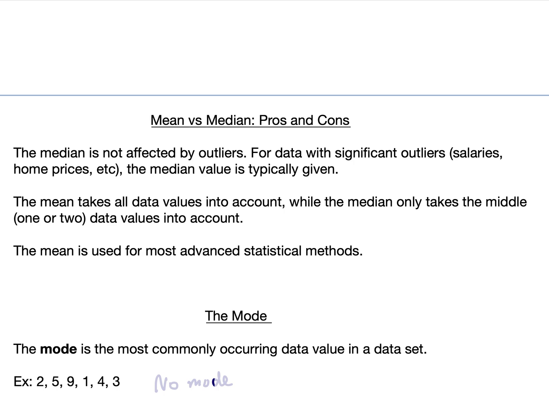Those couple $1 million houses would really throw off the mean or average home price, while the median home price is not affected by that. So the median price of a home is generally given instead of the mean.